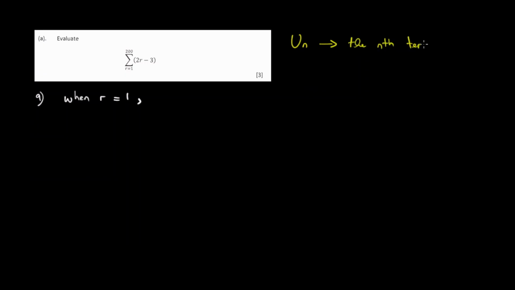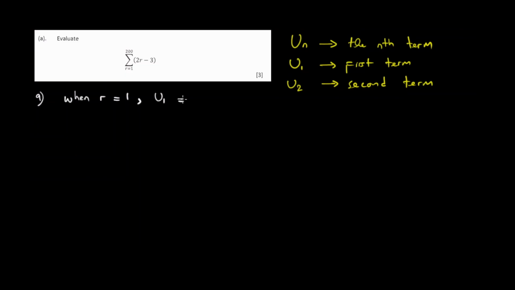That is what this notation refers to. So u1 refers to the first term, u2 refers to the second term, and so forth. So if r is equal to 1, what is going to be the first term? The notation we use for the first term is u1.